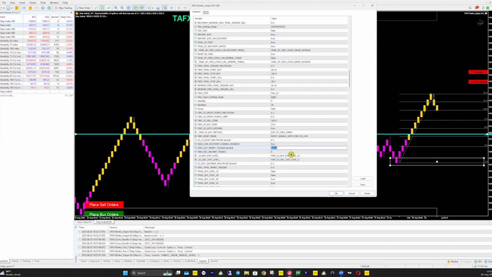Before you apply anything on a real account, you must make sure you have practiced it on your demo account, because the default setting we are giving you is the one that we use on our real account. So we are giving you the exact settings that we are using. So for any changes you're trying to make, make sure you are practicing that on your demo account.